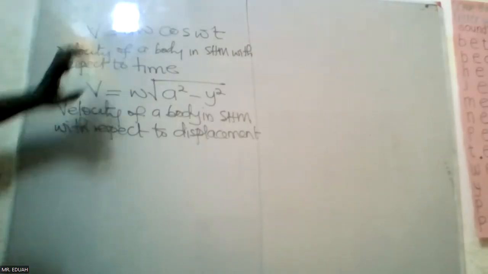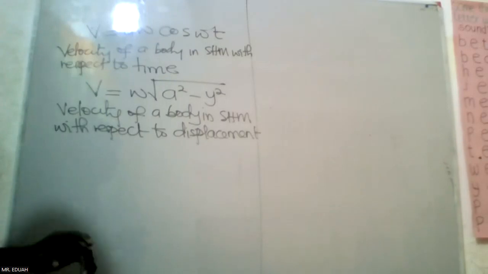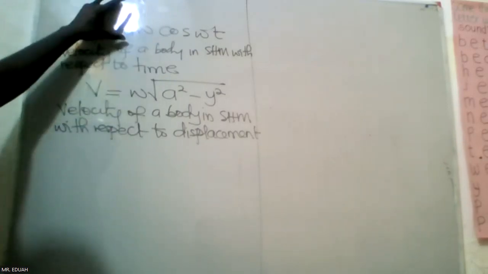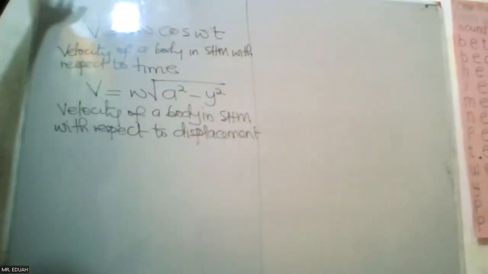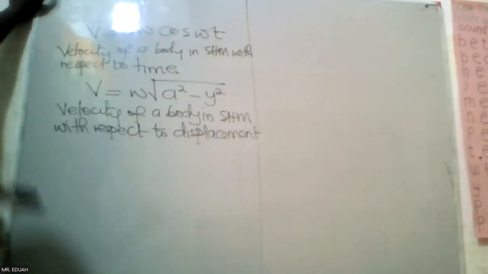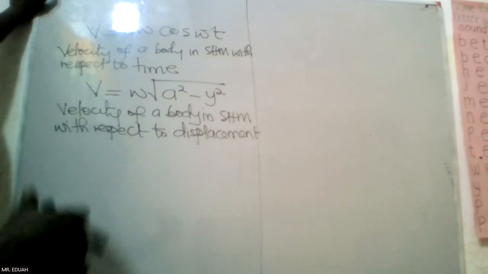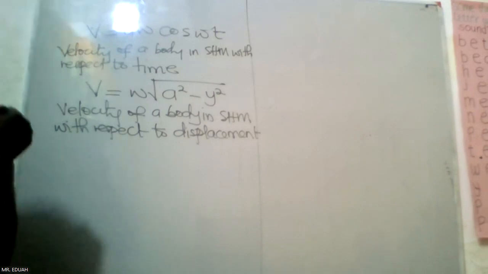So over here, the related question is: what is the velocity of the body at a time t equal to so and so?